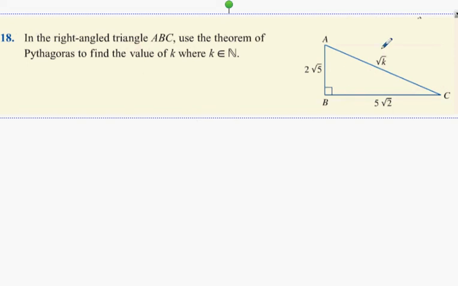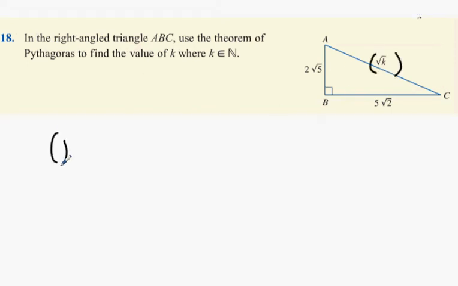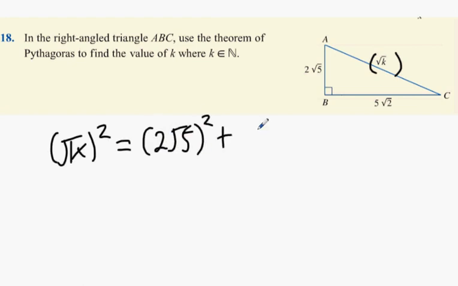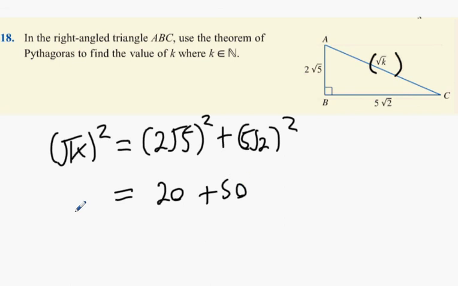18, Pythagoras' theorem. Square this one. Root k squared equals the longest side squared equals your two sides squared and added together. Isn't that right? You're just going to use your calculator, guys. Nothing fancy here. The first one is going to be 20. The second one is going to be 50. And that's k squared. And then k squared equals 70.